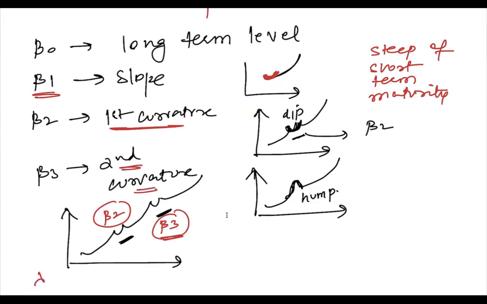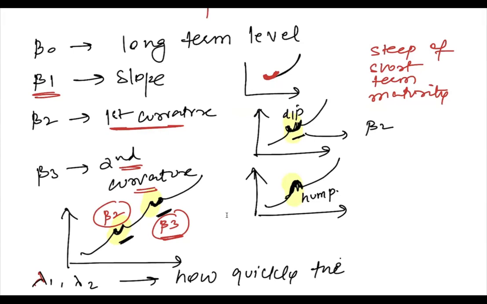And what are lambda 1 and lambda 2? They tell you how quickly the curvature will fade, how quickly this part will fade.